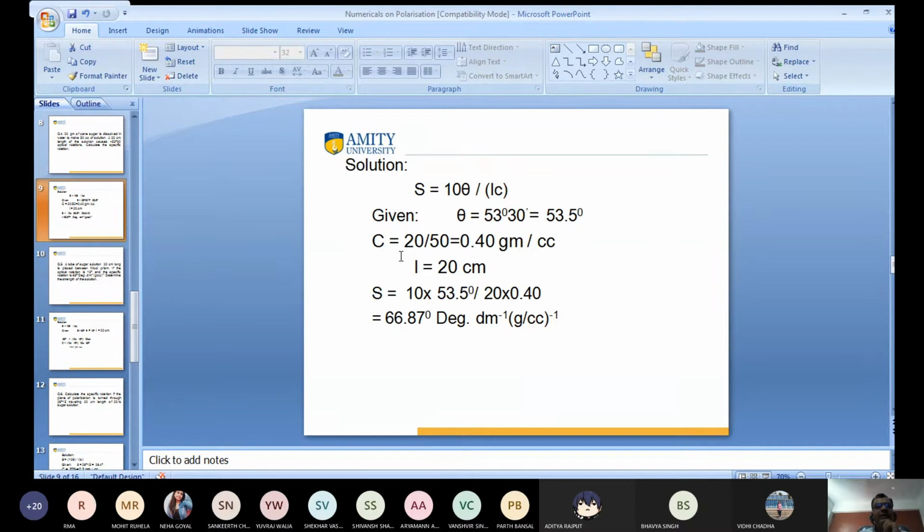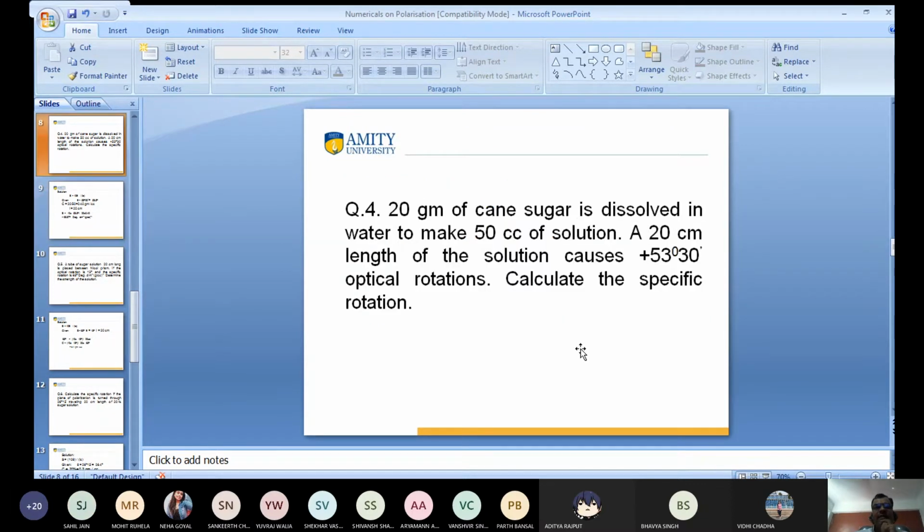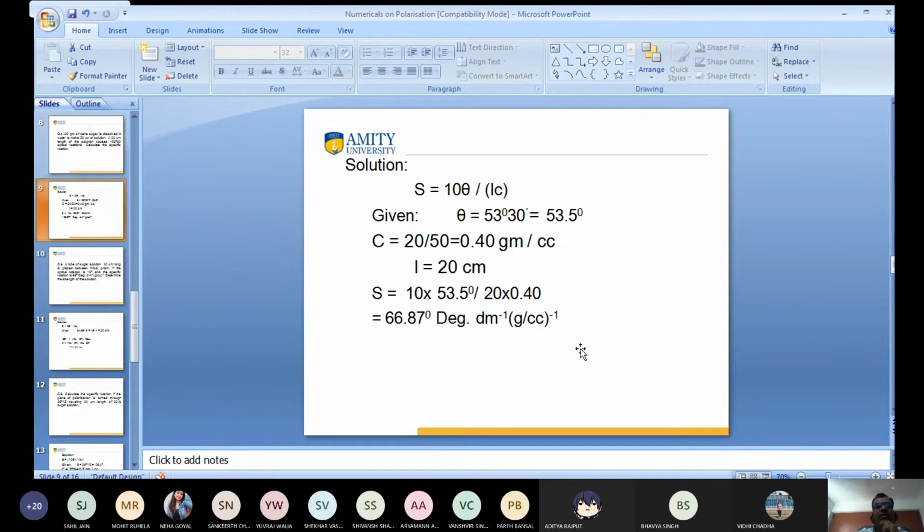So what is C? C means concentration. It is given that 20 gram of cane sugar is dissolved in water to make 50 cc of solution. So concentration is gram per cc, 20 divided by 50, that is 0.40 gram per cc.